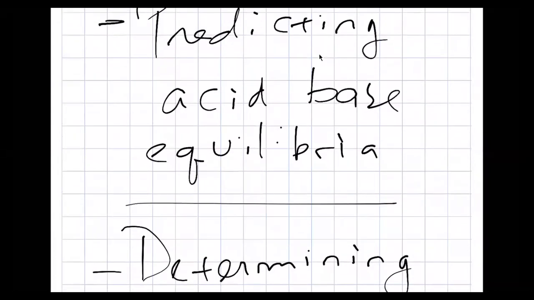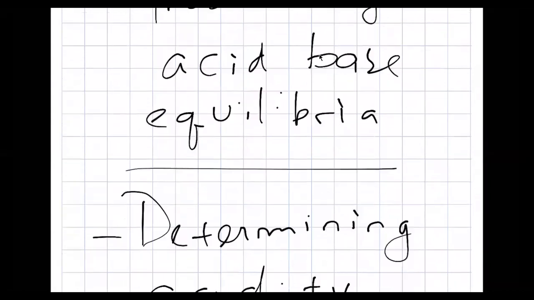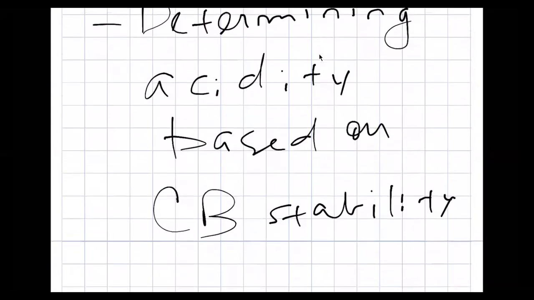That's a very easy concept. We're actually going to do that before we do some of the other stuff. And then determining acidity based on conjugate base stability. That's really the crux of the discussion.